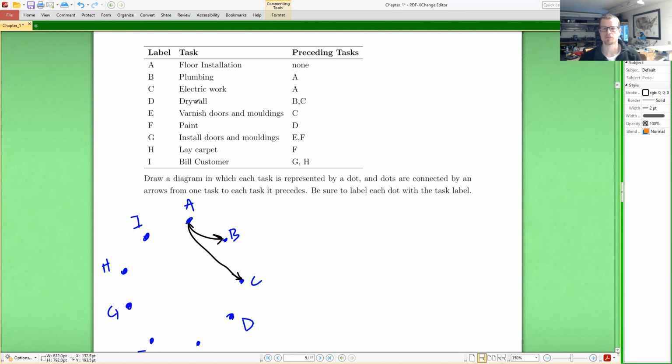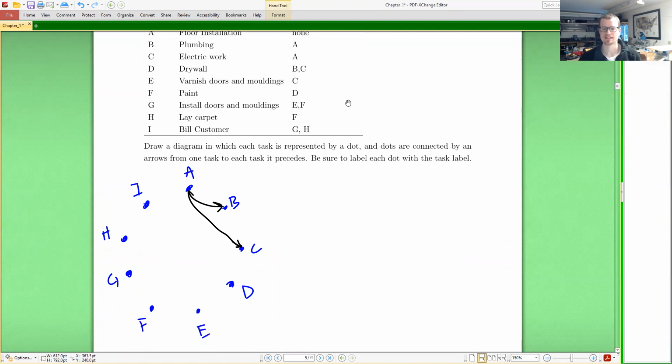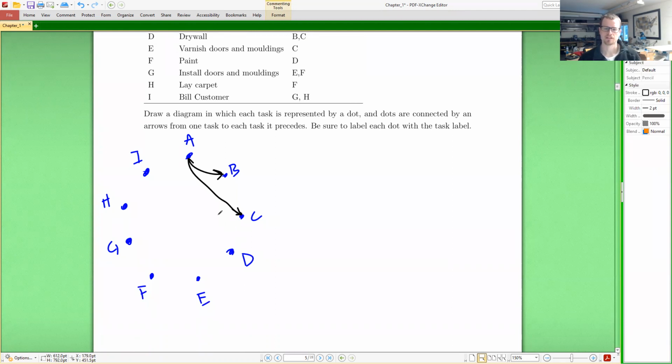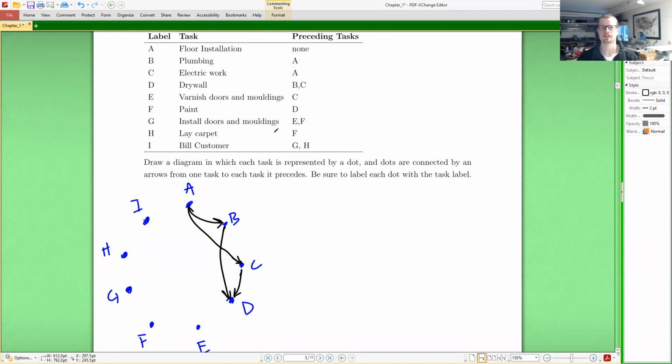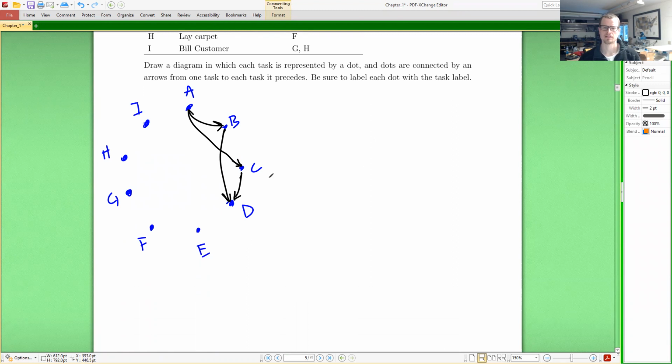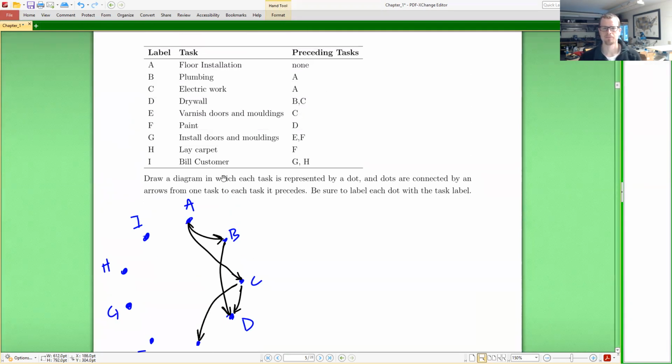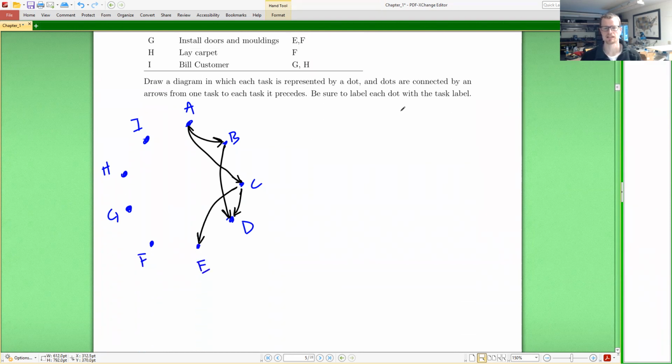And D is preceded by B and C. Let's see here. E is preceded by C. There we go. F is preceded by D. All right.